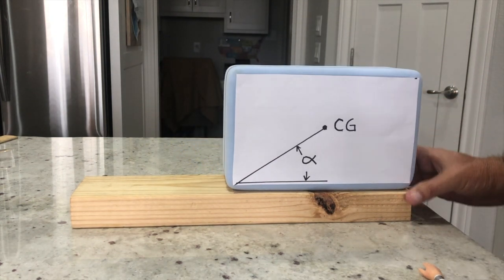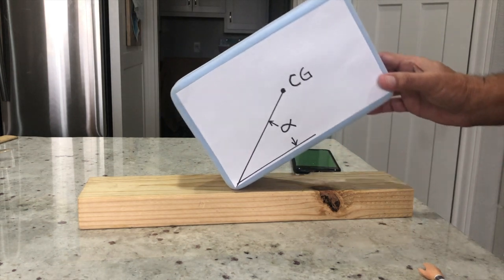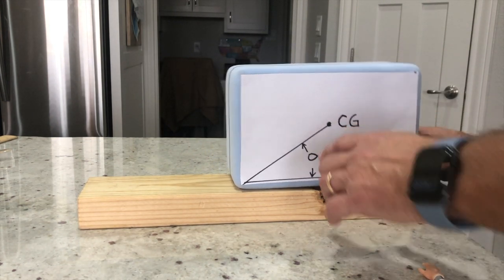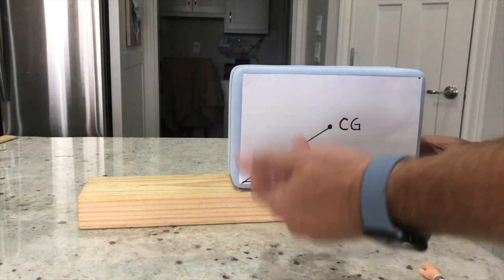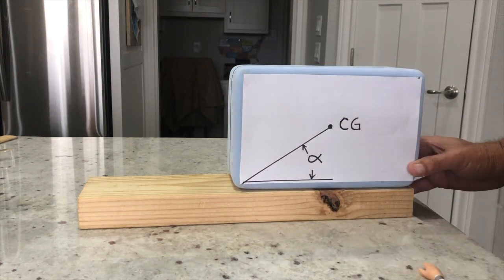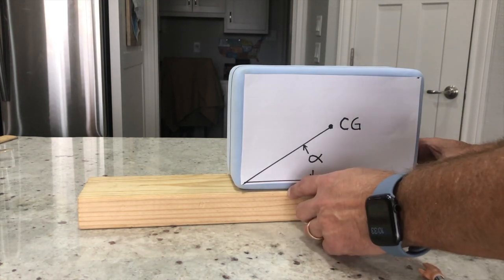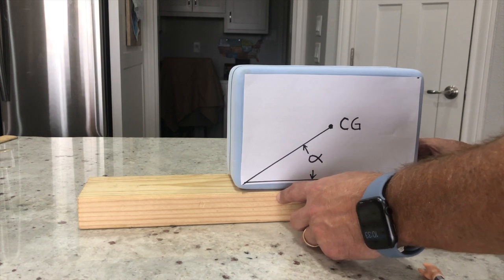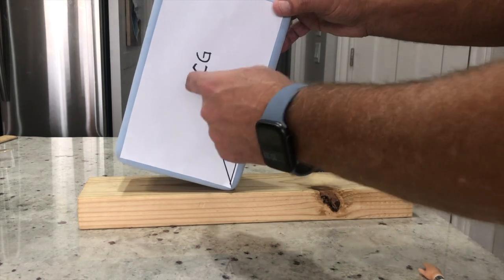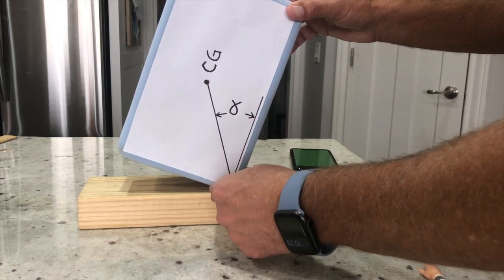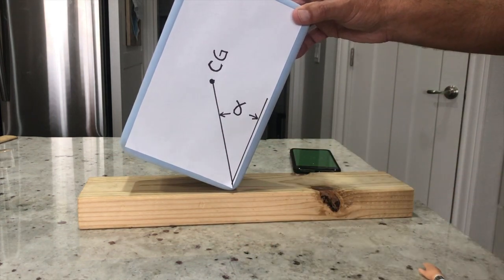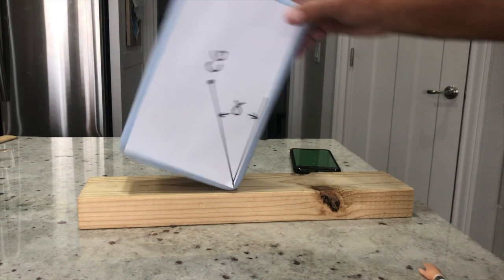At that tipping point, as long as the center of gravity is on the correct side to generate a clockwise moment force, there will be a normal force acting to counteract that. But what if we tip this over where the center of gravity moves this way? In that case, there's no place for the normal force to react, and the body's going to tip over.